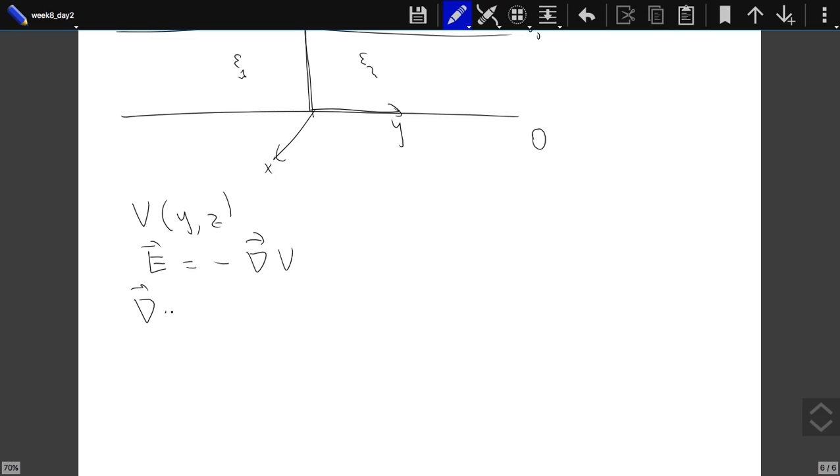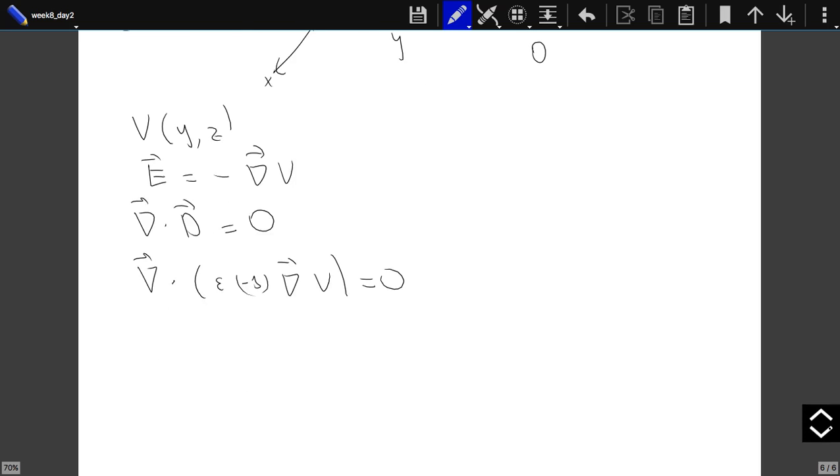But the divergence of the displacement field is equal to 0. So the divergence of epsilon times minus the gradient of V is equal to 0.